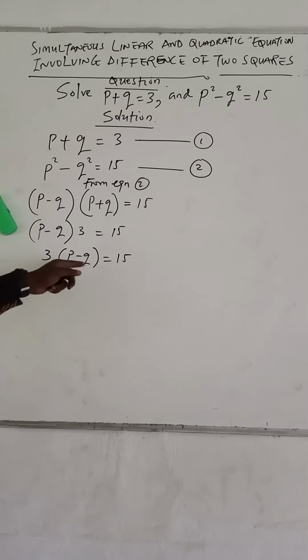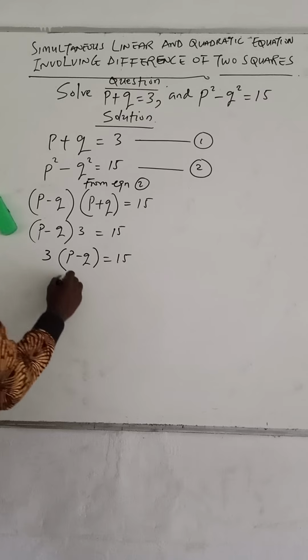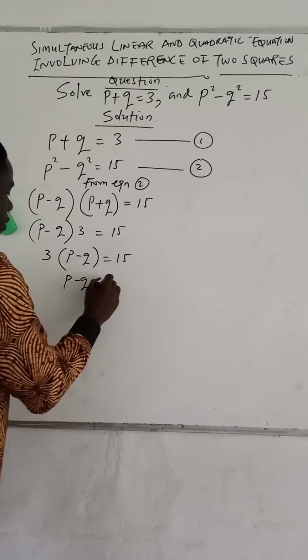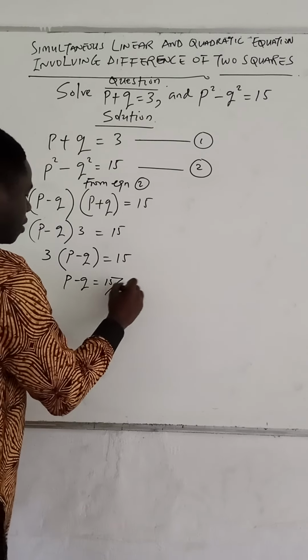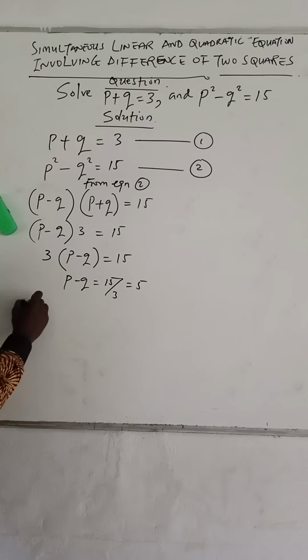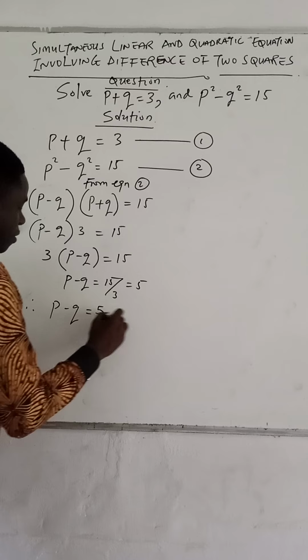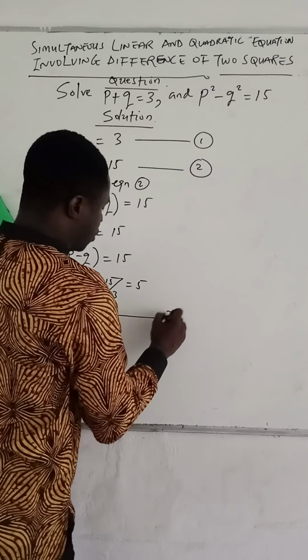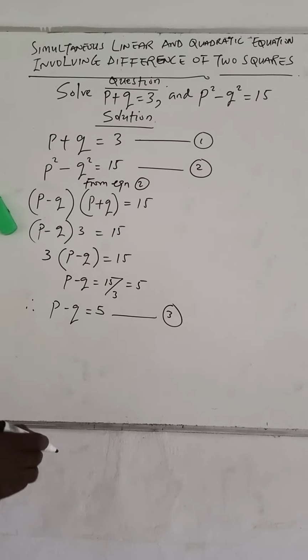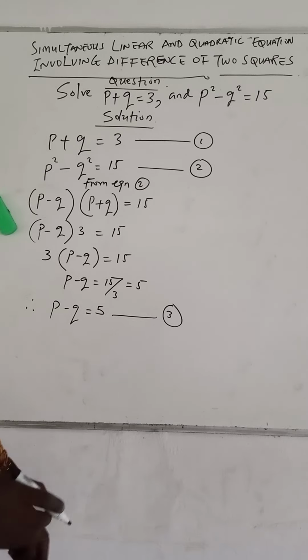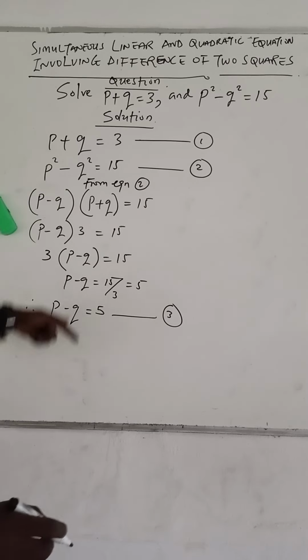If we divide through by 3, we'll have p minus q equals 15 divided by 3, which is 5. Therefore, we have p minus q equals 5. We can call this equation 3. Equation 1, equation 2, equation 3.